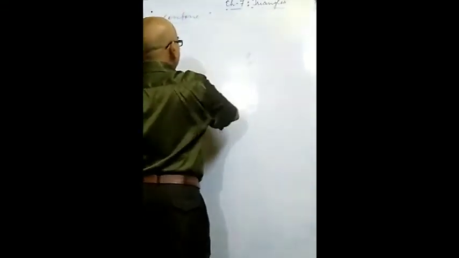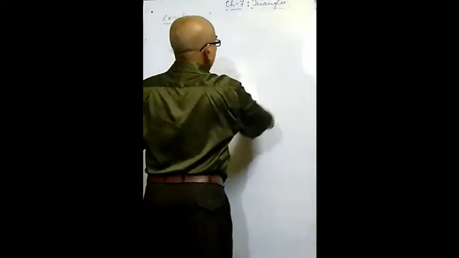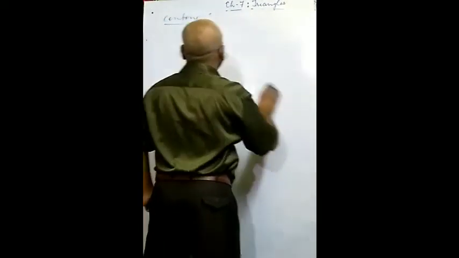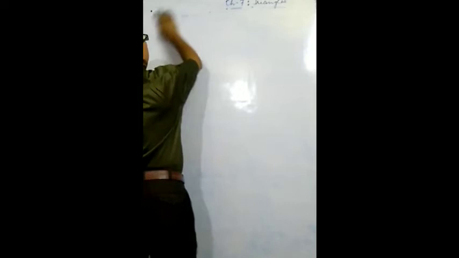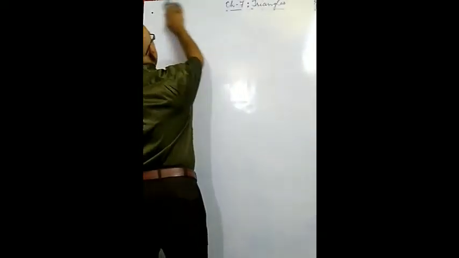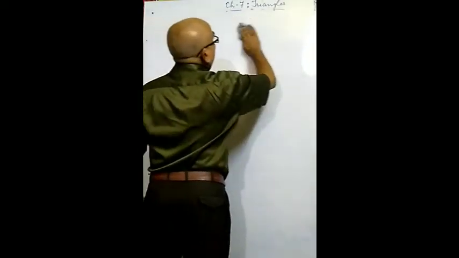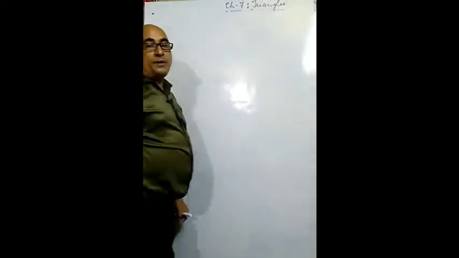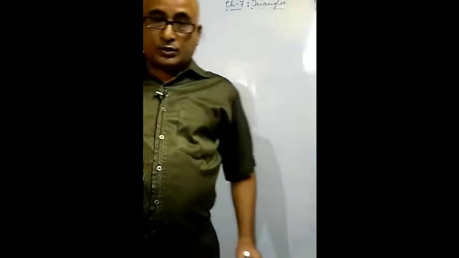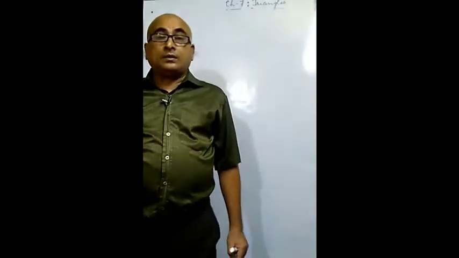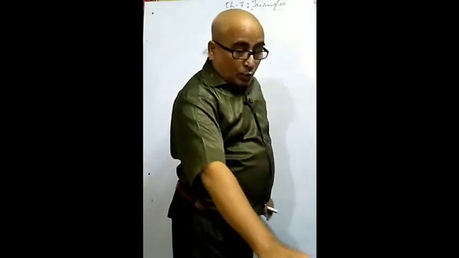Suppose two triangles are there, so you may mark here different conditions, and on the basis of different conditions we have to justify whether both the triangles are congruent or not.